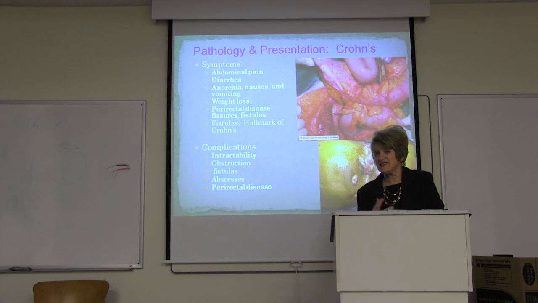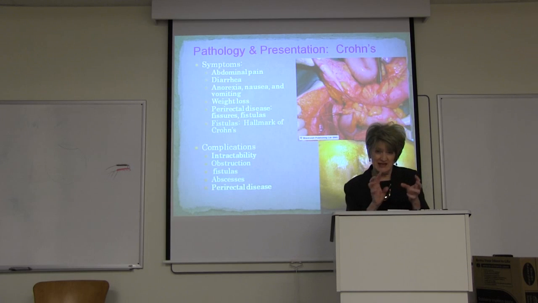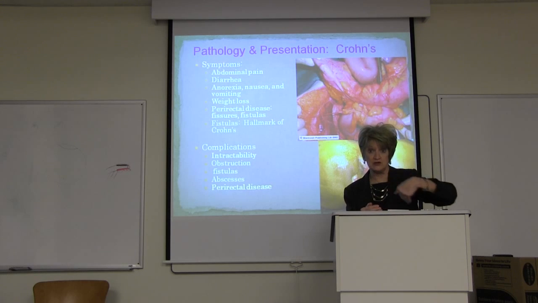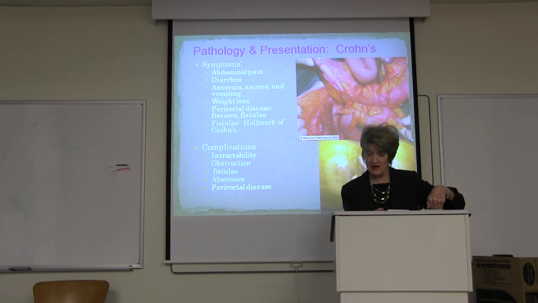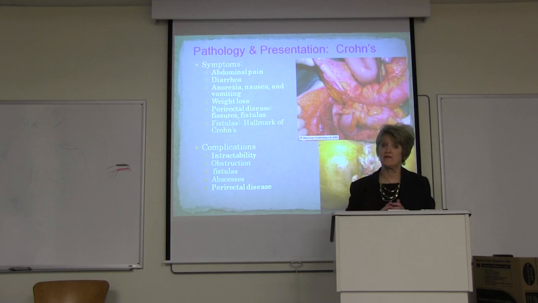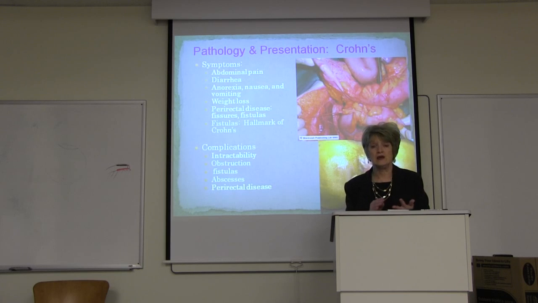You can get loops of bowel sticking to each other because the entire bowel wall is inflamed and sticky, so I can have one loop of bowel sticking to another loop of bowel. I can develop a fistula between those two loops of bowel so that stool just runs through the fistula tract. You can have this whole section of bowel that gets bypassed. So a lot of things contribute to the fact that many Crohn's patients have high volume diarrhea, which translates in turn into malnutrition, profound weight loss, sometimes fluid and electrolyte abnormalities.